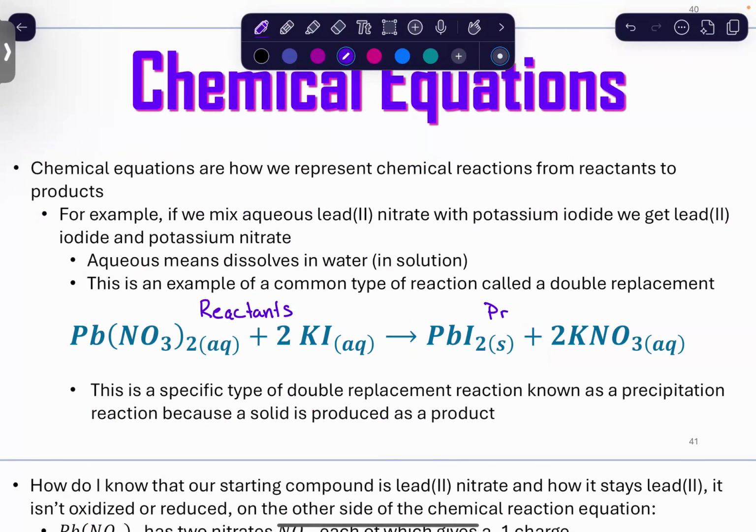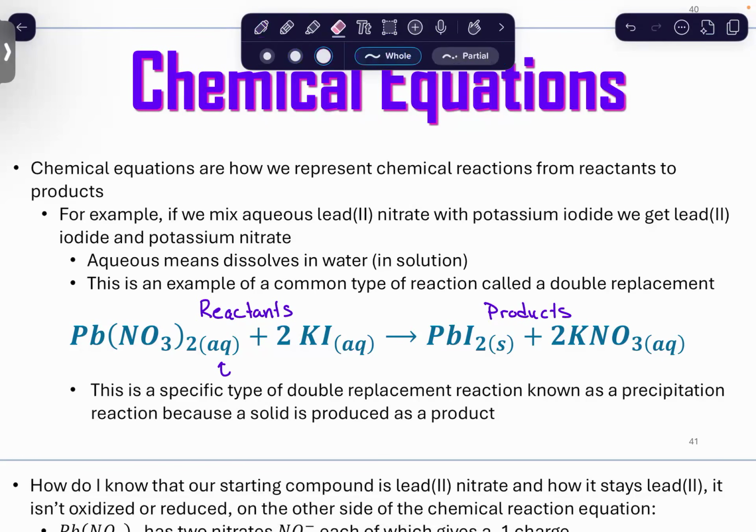Your right side is your products. One of the things that has to happen is all of the atoms have to balance. So you have to have the same number of atoms on the left as you do on the right. You're seeing the phase called aqueous, which is dissolved in water, or it means your compound is in solution.